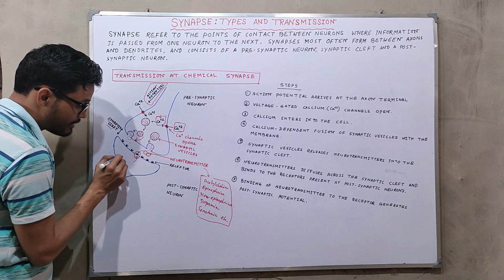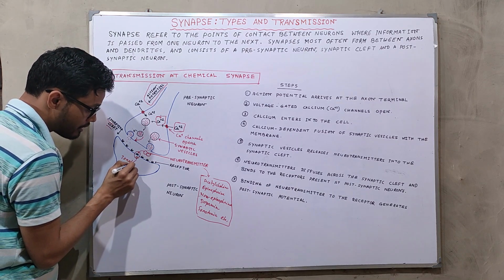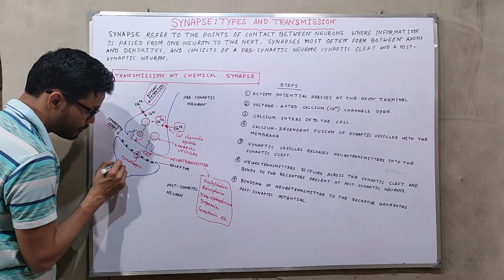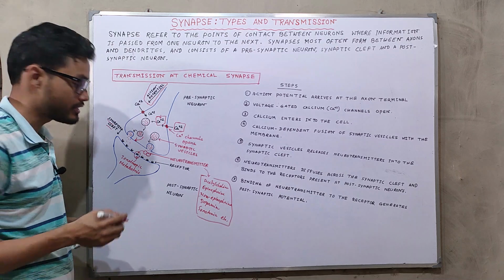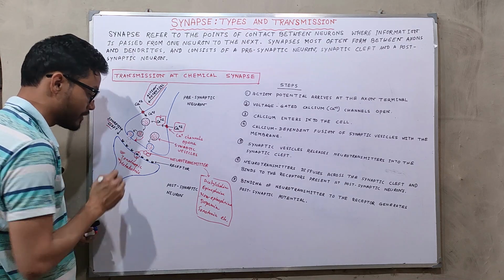These receptors are either ionotropic or metabotropic. In my previous video, I already discussed ionotropic receptors and metabotropic receptors.